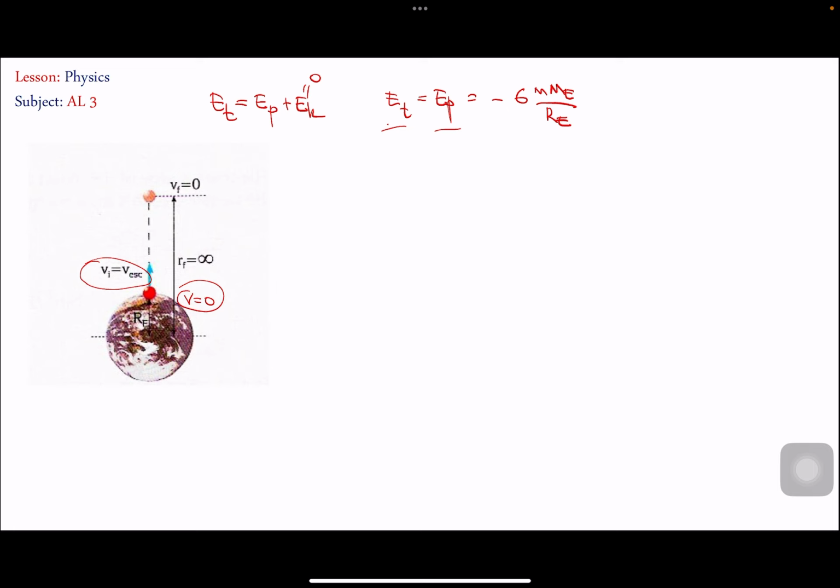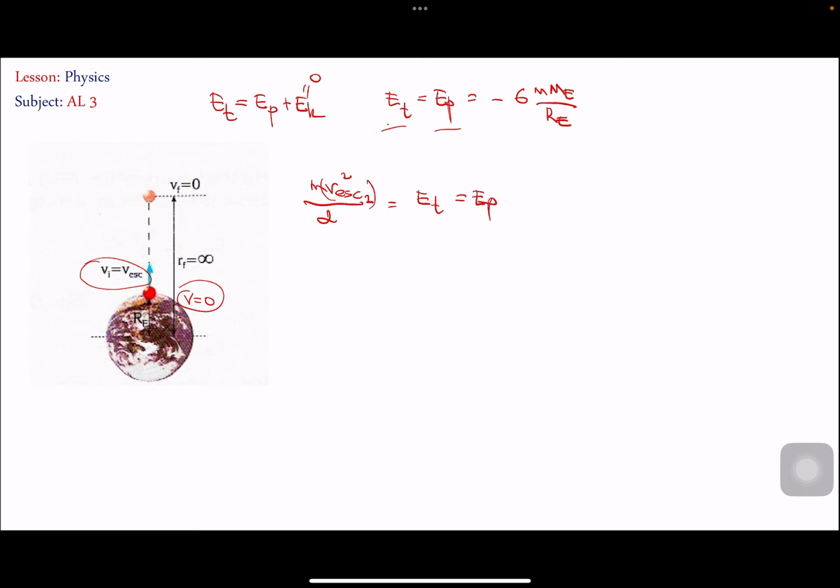So the kinetic energy that I have to give to the object in order to escape from the gravity of Earth and to go to infinity, I should write in terms of kinetic energy. So let me write it as escape speed 2, and the square of this speed, of course, should be equal to the total energy, that's exactly equal to the potential energy.